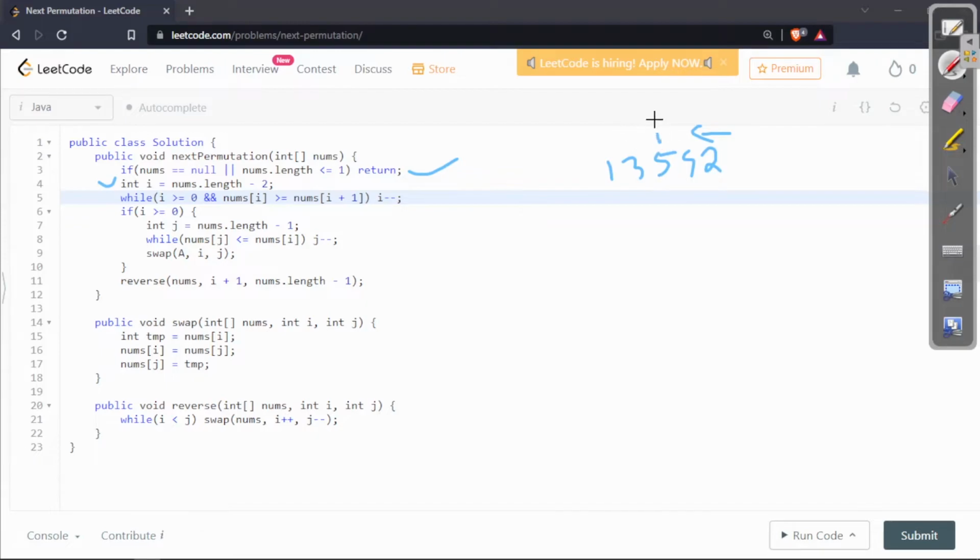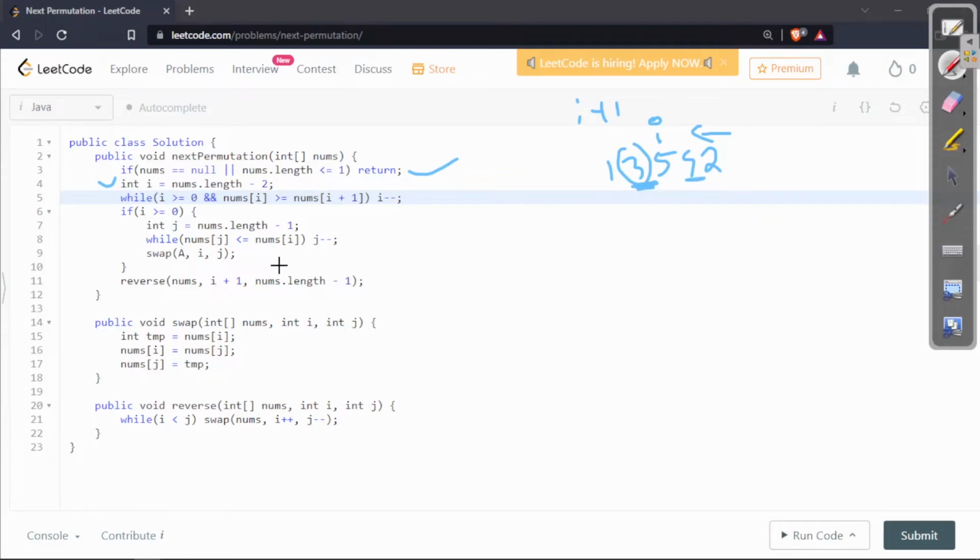So in this case I is this part, where I is less than I plus 1. Then we will swap the closest possible number which is closest to the pivot element. That is, we will swap 3 with 4.